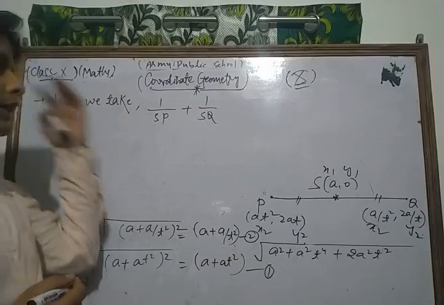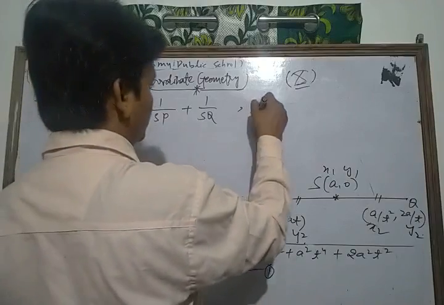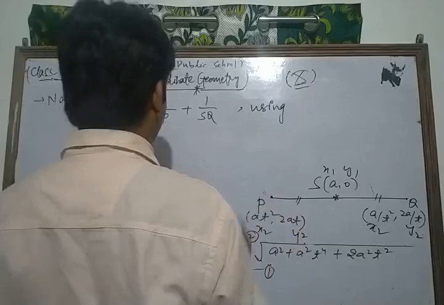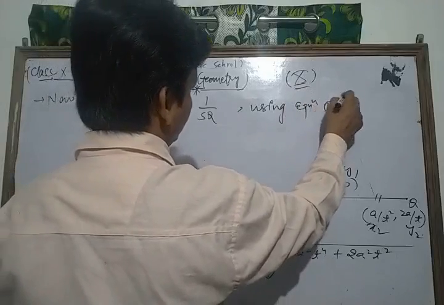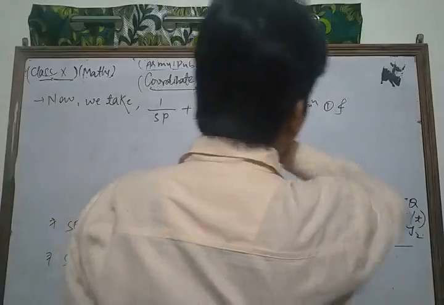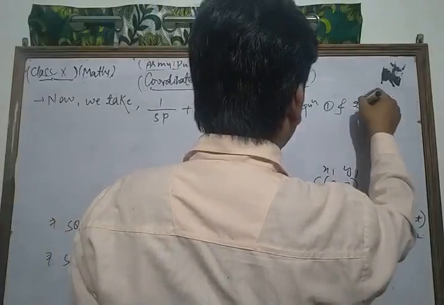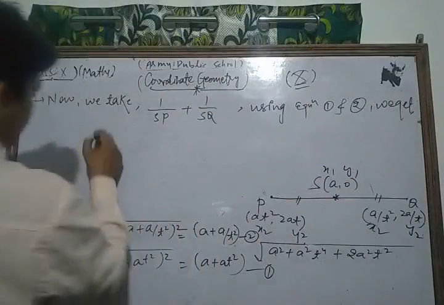Now we put the values using equation 1 and 2. So using equation 1 and 2 we put the value of SP as well as SQ.